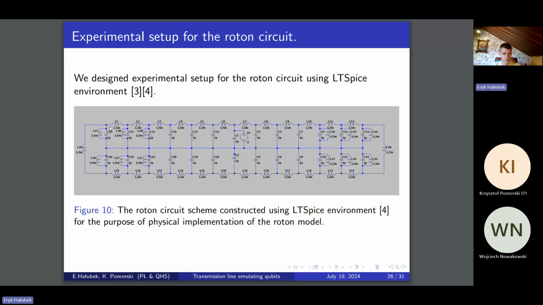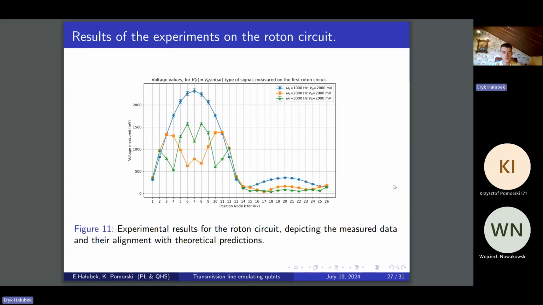And the difference is that we also added here an inductance of 1.5 millihenry.